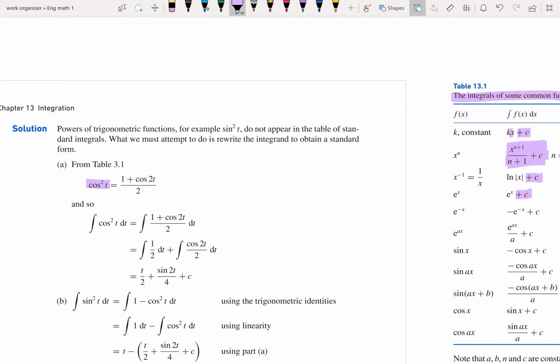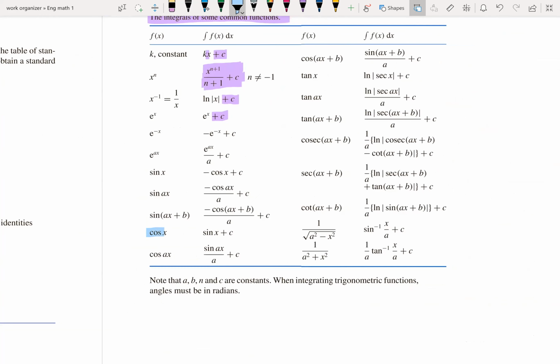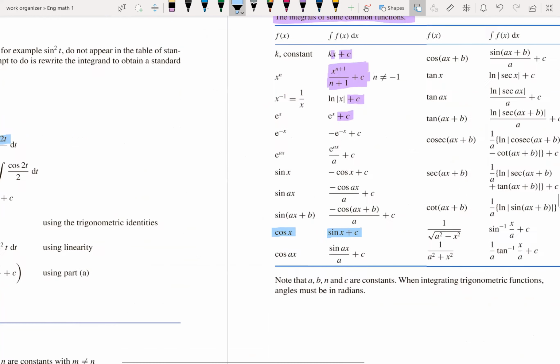Since we cannot find it in the table, we simply use the trigonometric identities, so that we can come out with the standard one. And then from here, we can find the integration for cos 2t, which will be sin 2t over 2.